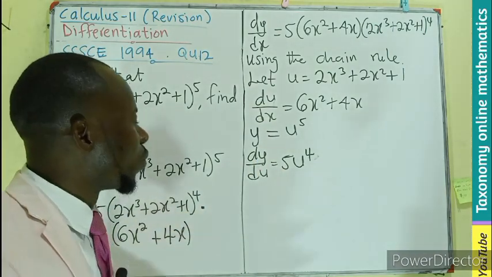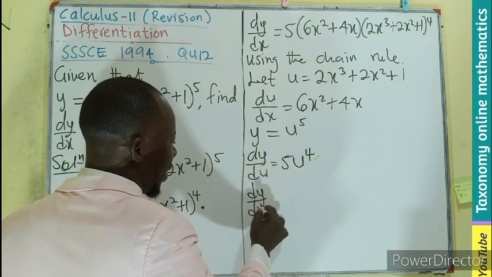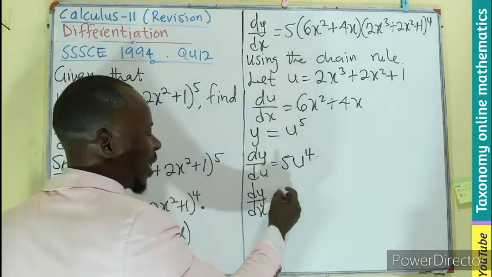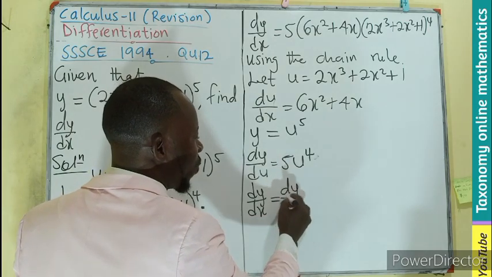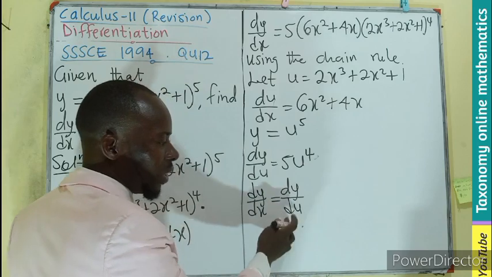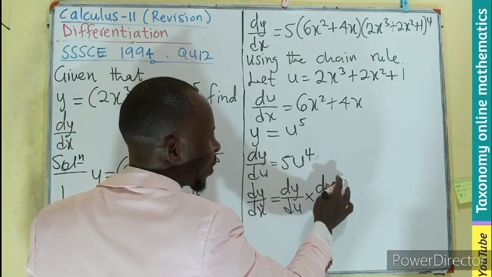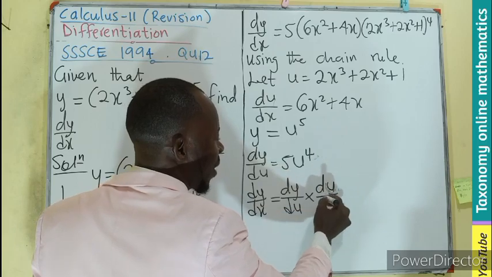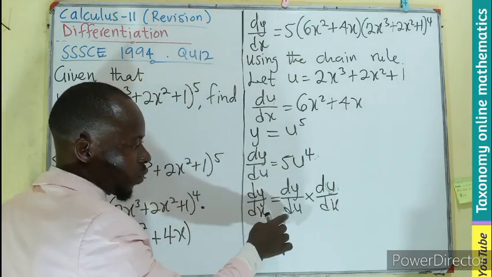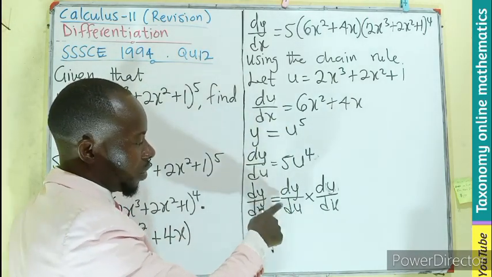By the chain rule formula, if I'm looking for dy/dx, dy comes first, then the variable I introduce will be du. This du will come forward as du divided by dx, so that when this cancels, you can see the common term up and down, we'll be left with this.